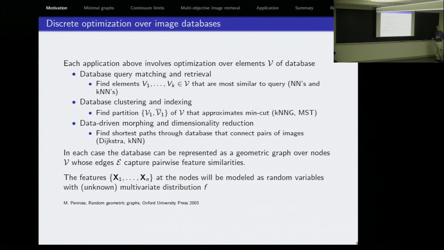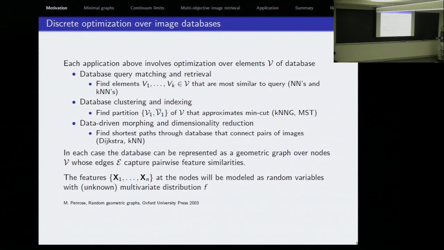Clustering and indexing the database for fast retrieval, where you want to find some partition and then a representative from the partition elements that can give you a multi-resolution or multi-scale hierarchical search, divide and conquer, where you now have log of the number of objects times the number of objects as the complexity, can be accomplished by finding some min-cut, let's say, or morphing and dimensional reduction, as I said, which uses shortest paths.